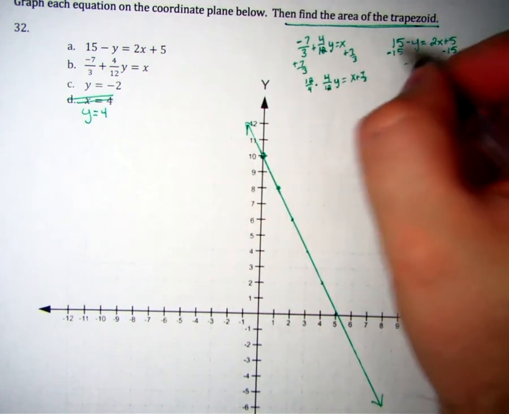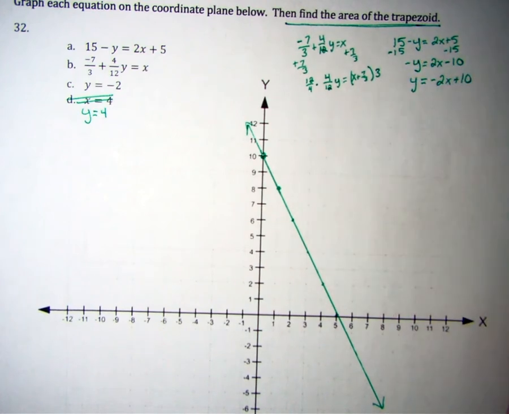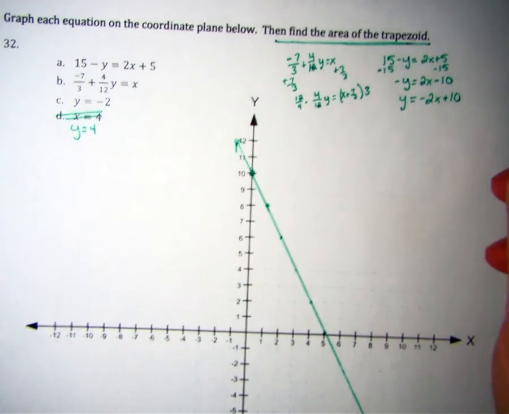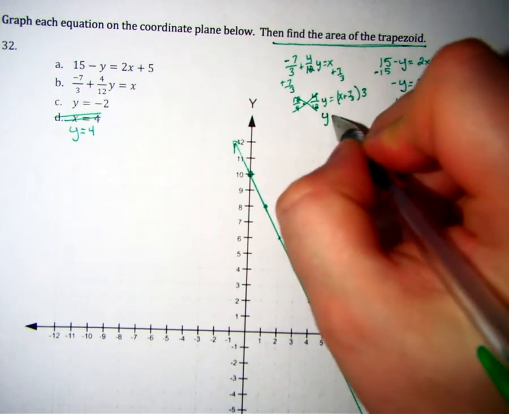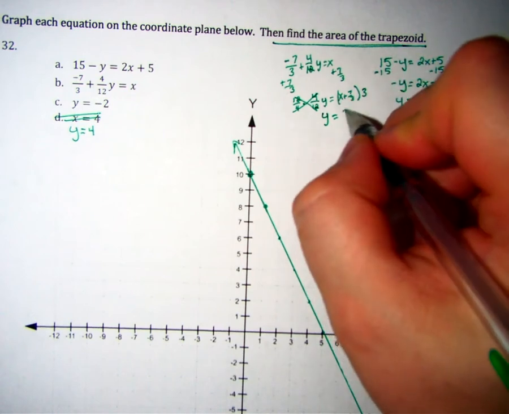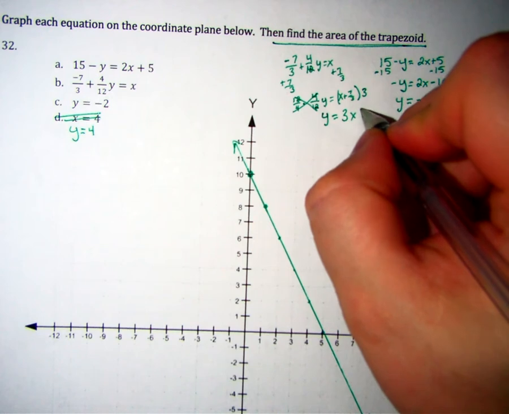Which is the same thing as multiplying by 3, so I'm just going to multiply by 3. That simplifies out and leaves me with y equals 3 times x, which is 3x, 3 times 7 thirds, which is 7.